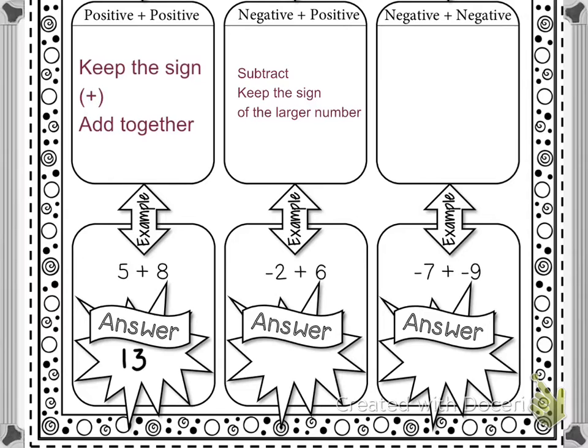In this one, I have negative 2, and I'm adding 6. So I'm going to keep the sign of the larger number. My answer is going to be positive because 6 is my larger number and 6 is positive. Now I'm just going to subtract them. 6 minus 2 is 4.